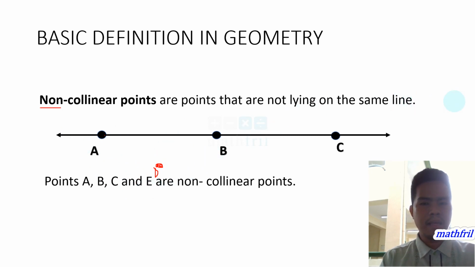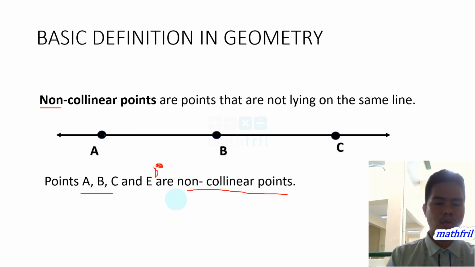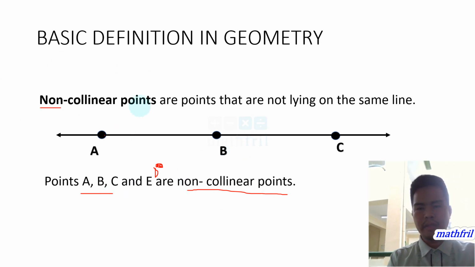They cannot lie on the same line, or cannot form a straight line. So A, B, C are non-collinear points. Maybe you are confused with this, but the idea here is A, B, C are non-collinear points. Non-collinear means they don't form a straight line. As a group, they will not form a straight line.